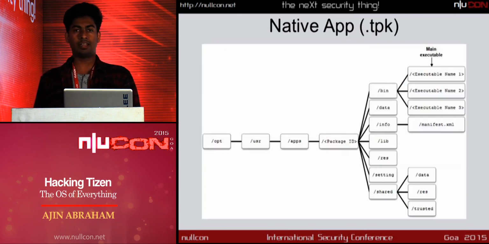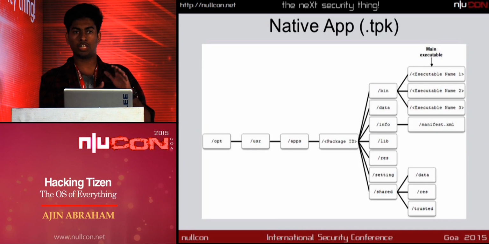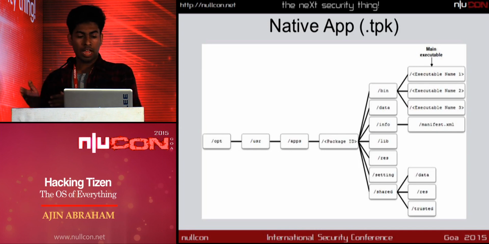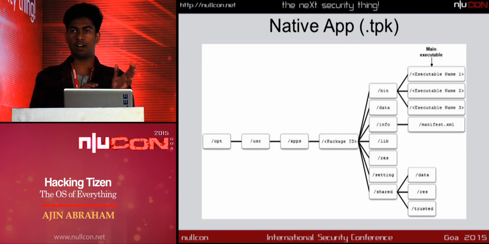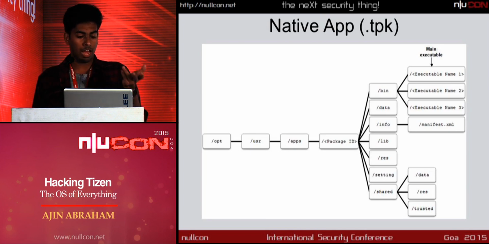So Tizen is basically a Linux-based OS. It's built on top of Linux, like they did with Android. So this is a directory where your application gets installed. It's /opt/user/apps, and inside that, whatever application you install, it will have a string of length 10, which has some random alphabets and numbers.